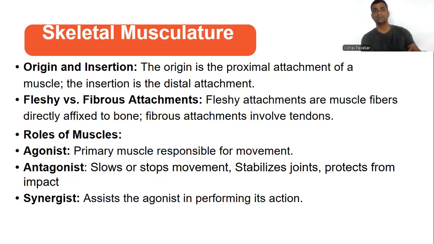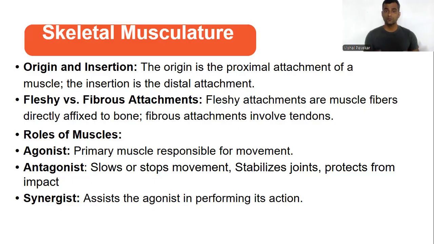The major movement that happens at any joint will be from the muscle's insertion. If I take the example of my chest muscle, the origin is inside and the insertion is here, so the insertion has to move towards the origin. That's most important when it comes to all the muscles.